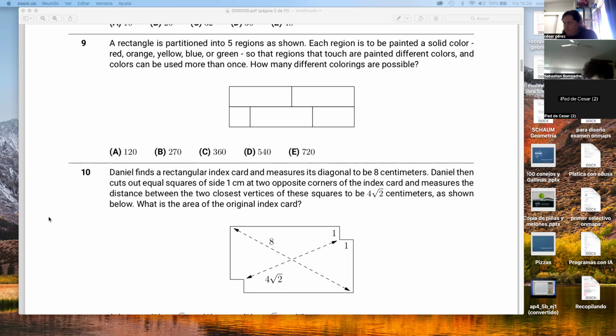Do they count if I paint one red, orange, yellow, blue, green, and then do they count that one different from if I reversed the order or mirrored it? Yes, because this part is different. This part has a different shape than this one.